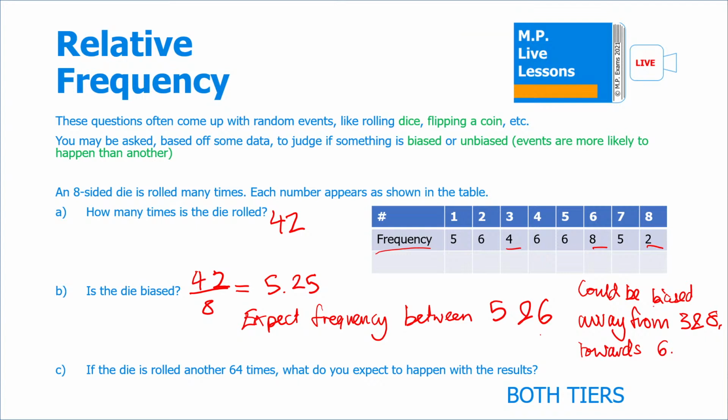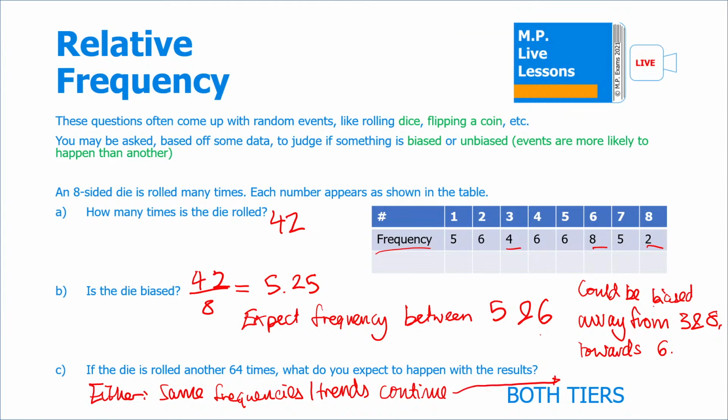So for example, if the die is rolled another 64 times, what would you expect to happen with the results? What you'd expect to happen is either the same frequencies, the trends continue, which would show that the die is in fact biased, or all the frequencies become the same.